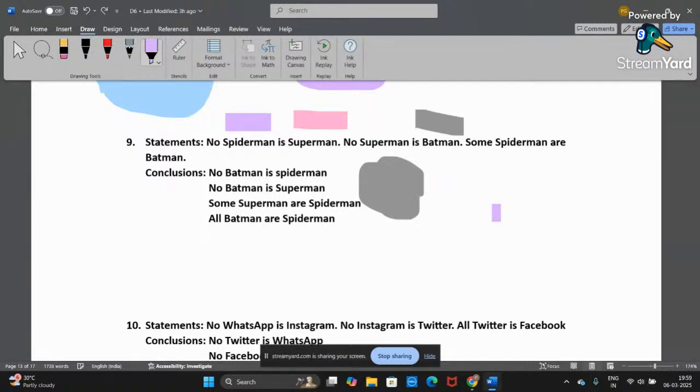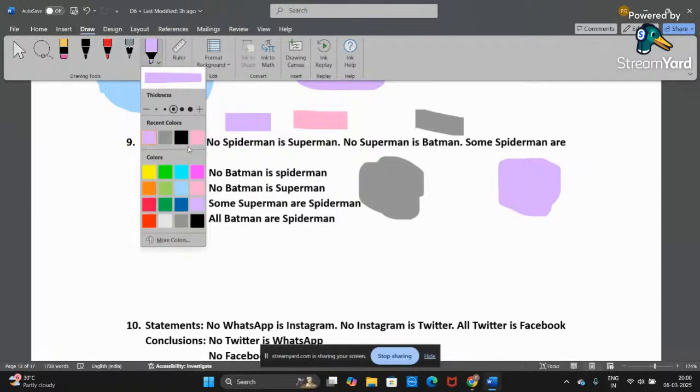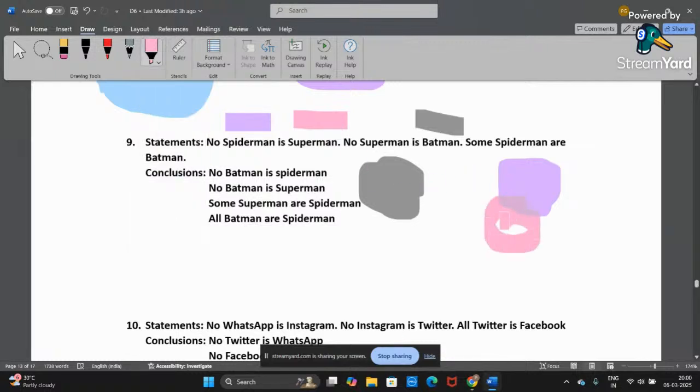Write it separately, because they're given no. So we have to write it separately. Okay. Some Superman are Spider-Man. Superman is indicated with pink color.